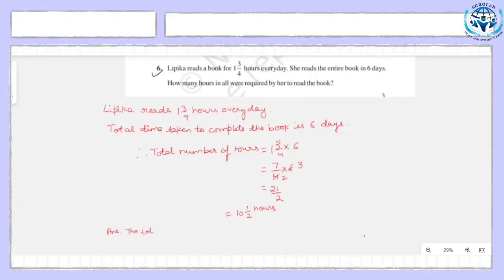We will write the answer as the total number of hours taken by Lipika to read the entire book is 10 1 by 2 hours.